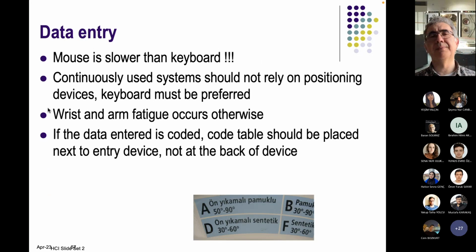Generally, mouse is slower than keyboard. When the system is continuously used, such as vergi dairesi, municipality, courthouse applications, bank applications, so when the person is using the same thing over and over, do not rely on mouse, because hands are on the keyboard.